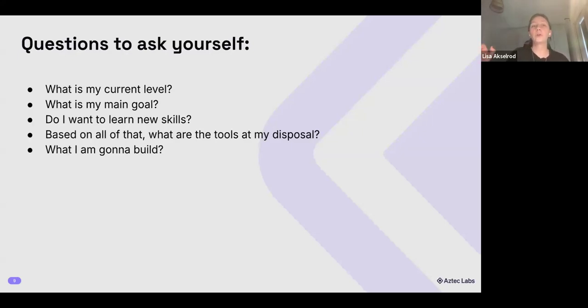The third one, do I want to learn new skills or do I want to rely on already existing skills? What are the tools at my disposal, like libraries, that I'm curious to touch, want to learn maybe? Finally, what I'm going to build. Maybe the question I've missed is, do I want to build alone? Or do I want to build with a team? And do I want to start my own team or join someone?